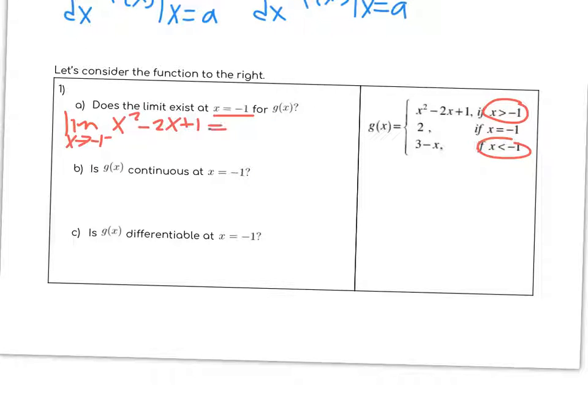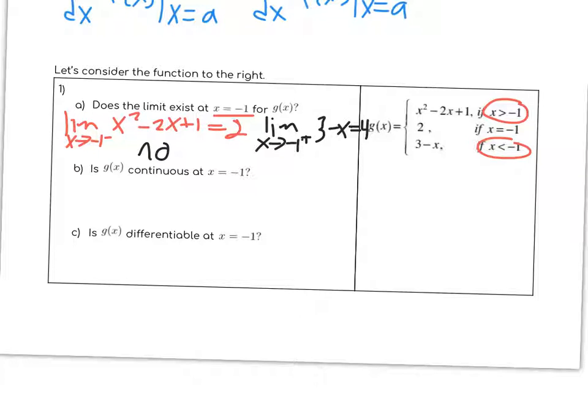When I plug that in, we get negative 1 plus 2 is 1, plus 1 is 2. And then we do the limit as we approach negative 1 from the right side of 3 minus x. 3 minus negative 1 is 4. So no, the limit does not exist.